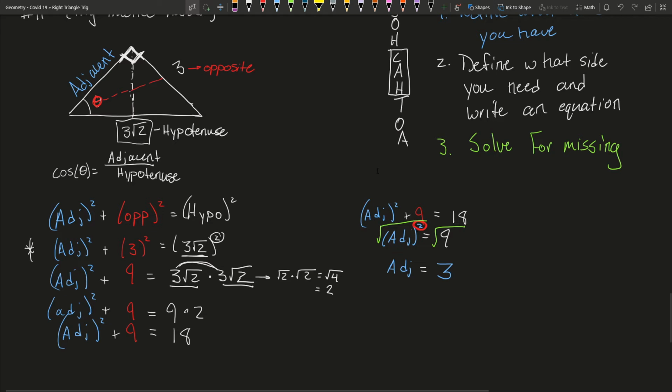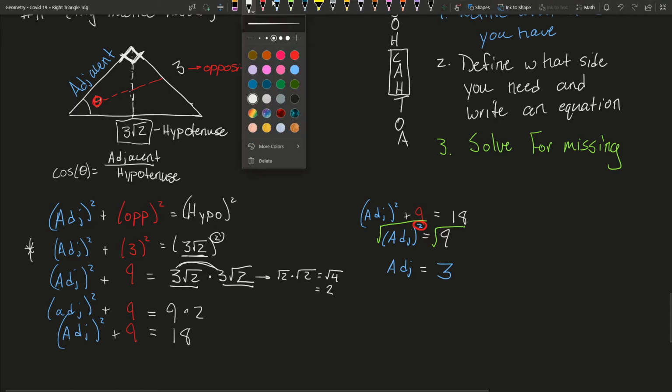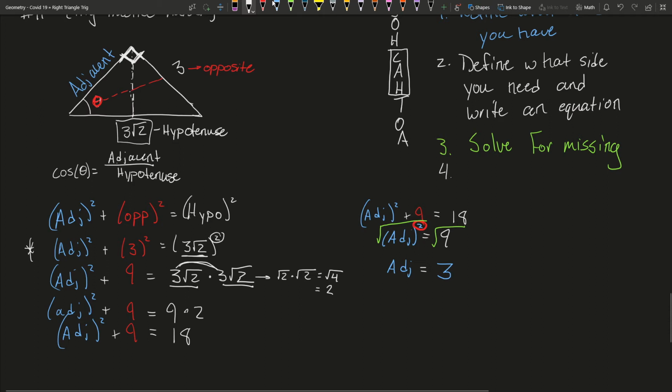Okay, so we solve for the missing side. That next step then is to substitute in for our actual equation.